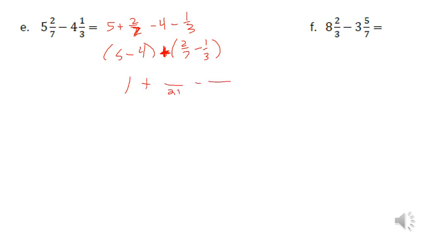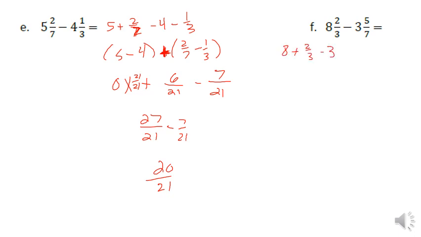So I end up with 1 plus, and I'm going to redo the fractions. Now I can see they're 21sts. 2 times 3 would be 6, 1 times 7 would be 7. Now I'm going to have to regroup here, the 1 becomes 0, and it'll be 21 21sts, which gives me 27 21sts minus 7 21sts, which gives us 20 21sts.